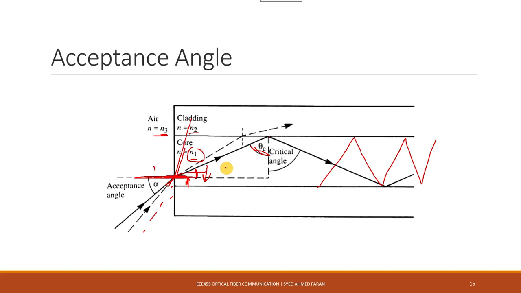It will bend towards this normal, but when it bends towards the normal, obviously it will make an angle with this axis, which as you know right now is called the propagation angle, and this propagation angle should always be smaller than the critical propagation angle to make sure that this critical incident angle is also achieved.